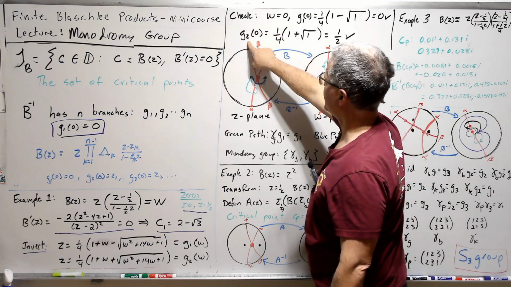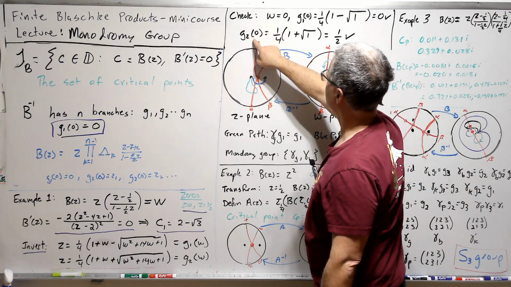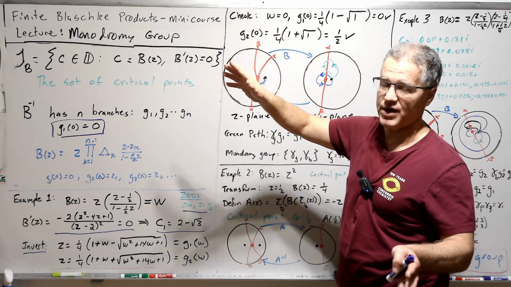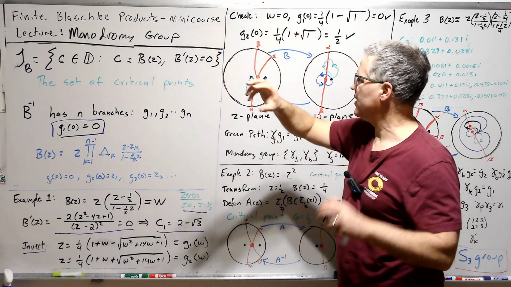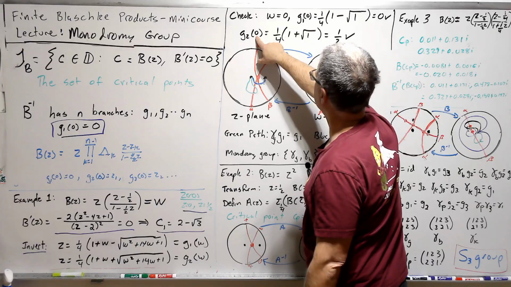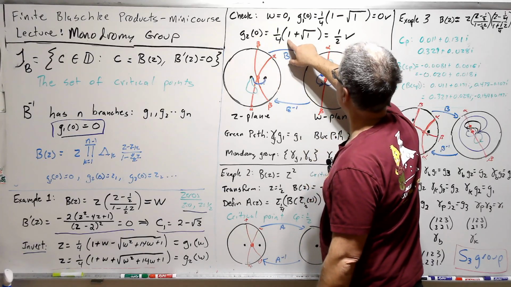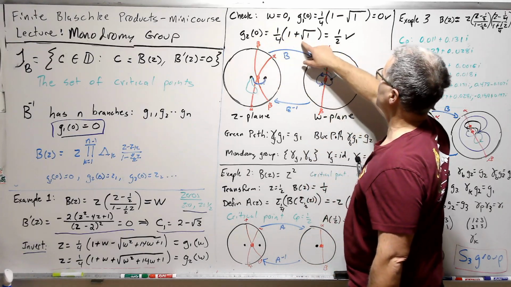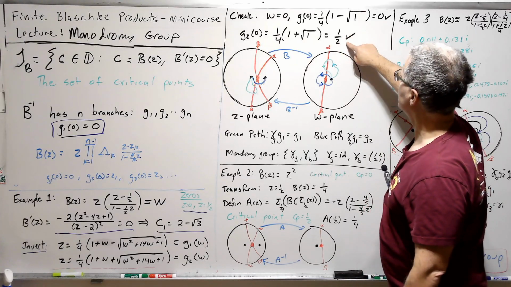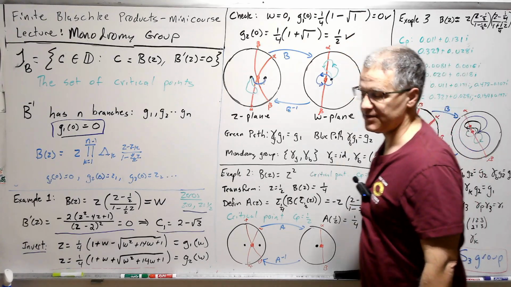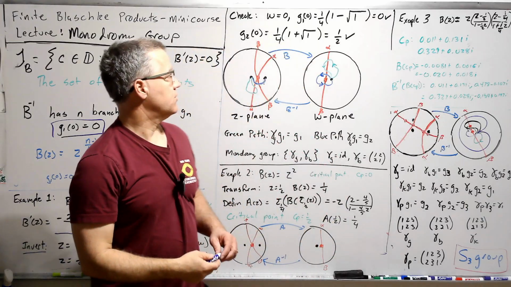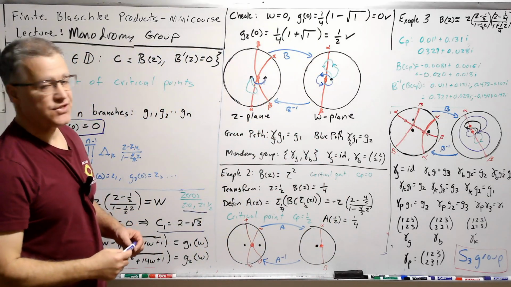Now let's just confirm this is a different branch. This should give us our 1/2 because we know the zeros are 0 and 1/2. So if we stick in 0 here, then we get 1 plus 1. So we get 1/4 of 2, which is 1/2. And so we recover our two zeros on each of the two different branches, G1 and G2.